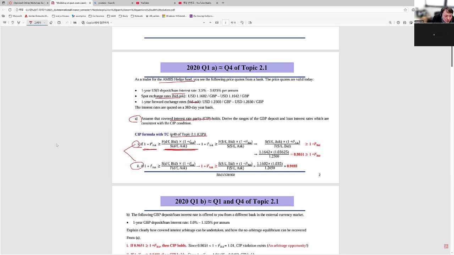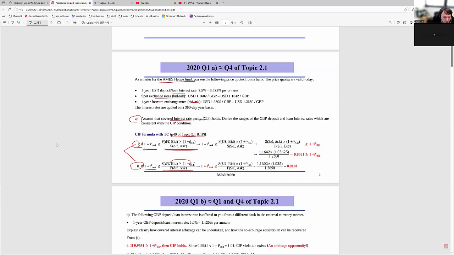The second condition is now you're borrowing currency F. So this is what you have to pay back after 1 year. On your right-hand side, this is what you get after 1 year implementing the arbitrage strategy. Here, once you borrow currency F, you convert currency F into currency D and put that currency D in the currency D money market.